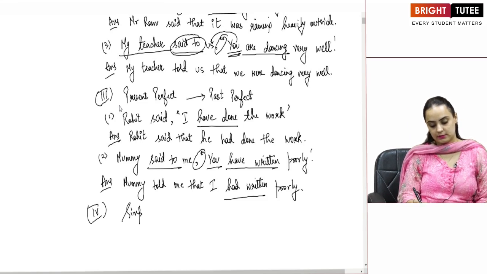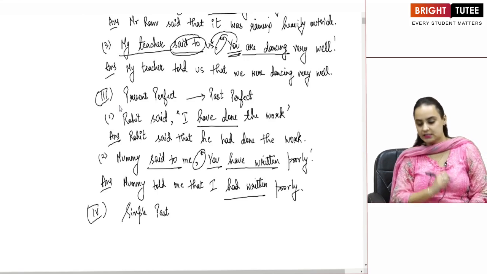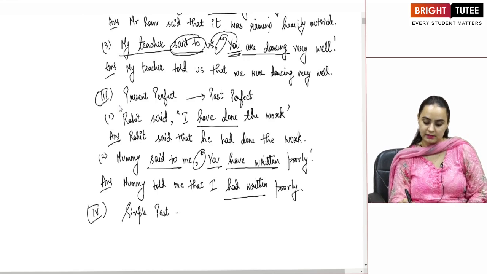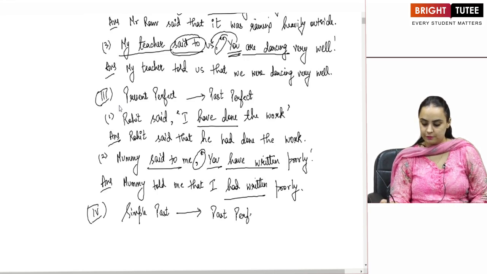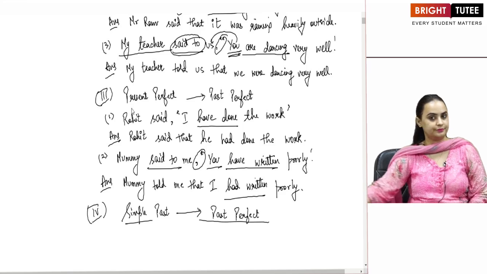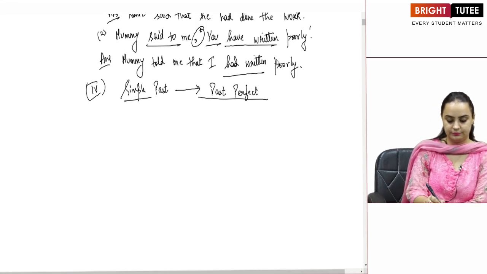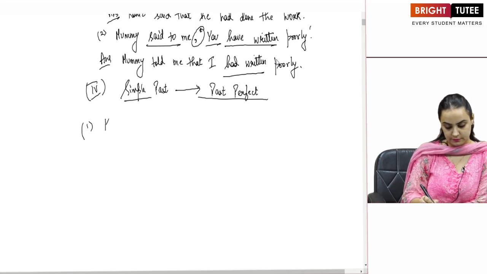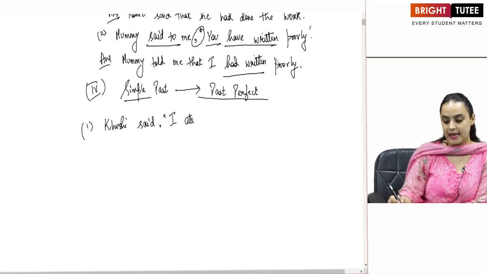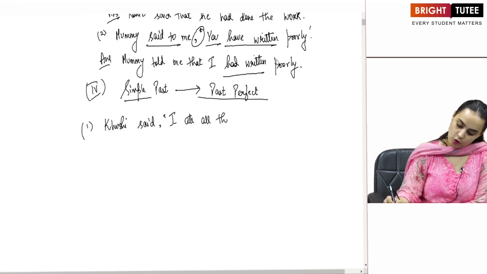Simple past. If a sentence is written in simple past, then also it changes to past perfect tense. For example, Khushi said, I ate all the berries.